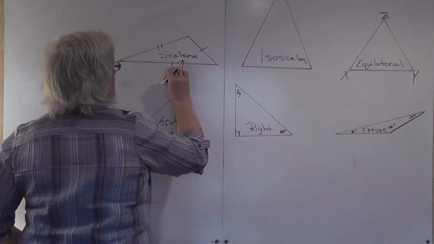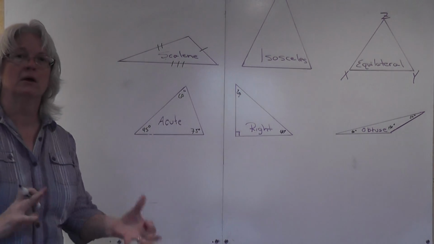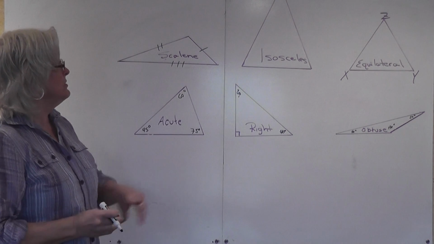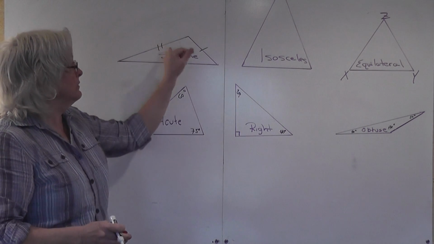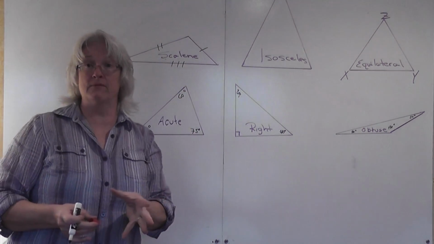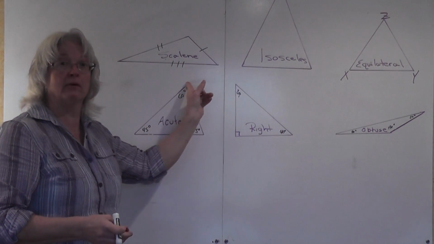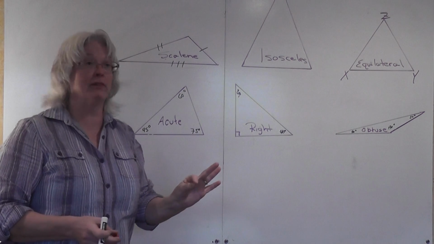When you're dealing with triangles and drawing pictures of them, you use these hash marks to indicate which sides have the same length. And in a scalene triangle, none of those sides have the same length.